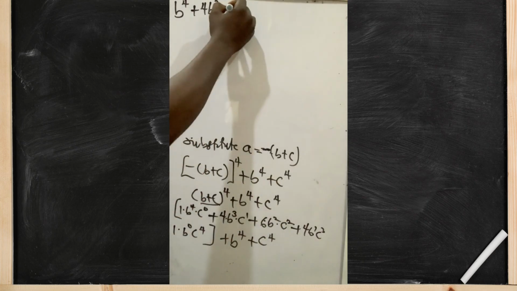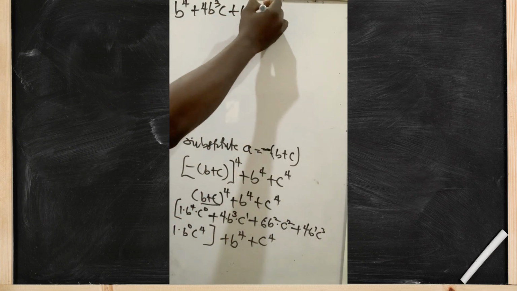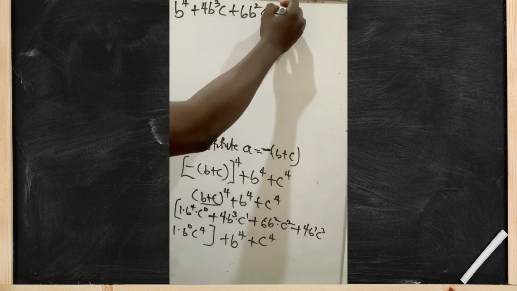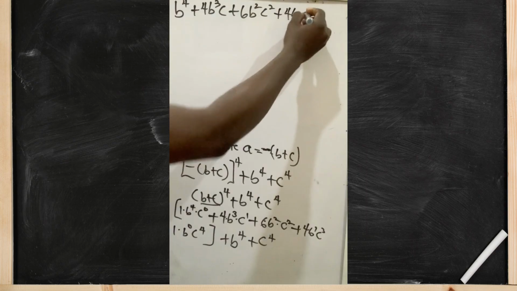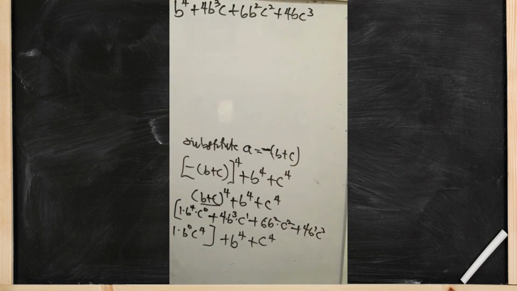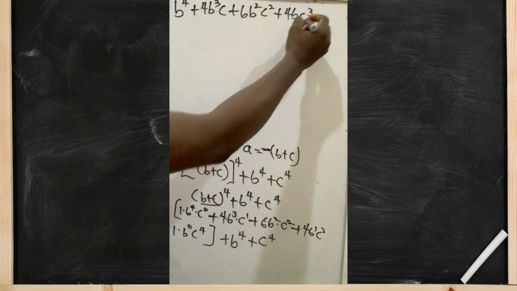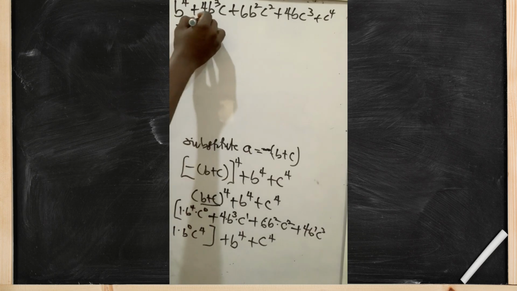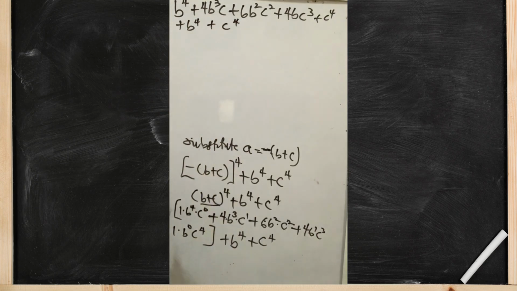All of this will give you plus 6b squared c squared. This will give us plus 4b c cubed. Then this will give us plus c raised to power 4. Then we can write this out to be b raised to power 4 plus c raised to power 4.